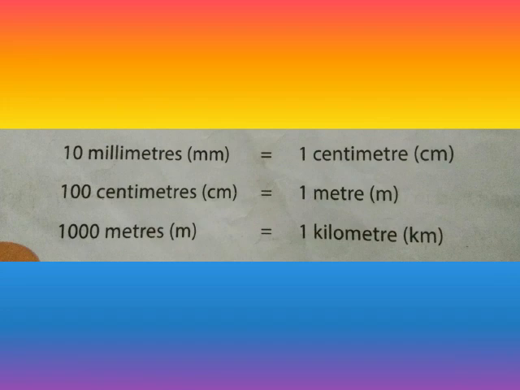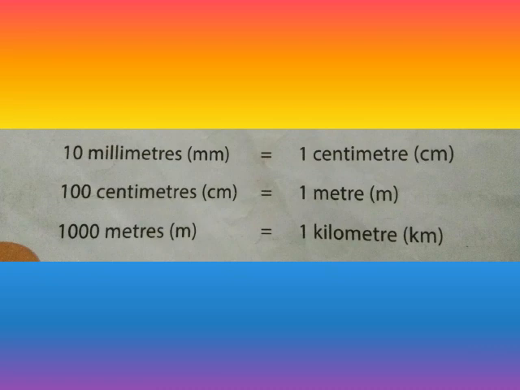Okay. So this is about measurement of length. We can measure with the help of a meter ruler or measuring tape to find the distance to a wall or the length of smaller items like a pencil, etc.